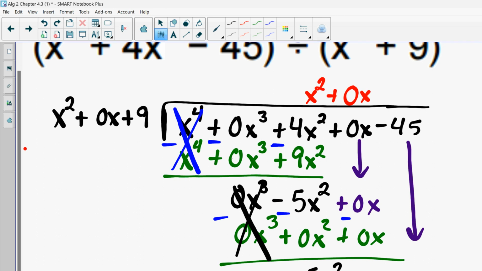Which puts us right back at where we were indeed. Minus 45. So all that's telling us is that there is no middle term x, because it's 0 times it. But everything falls back in line, because we can say what times x squared gives us negative 5x squared. And that would be negative 5.